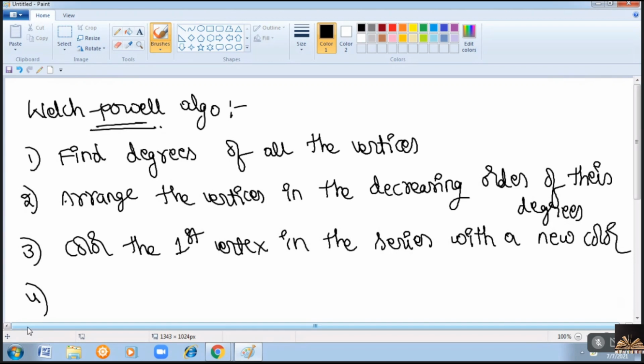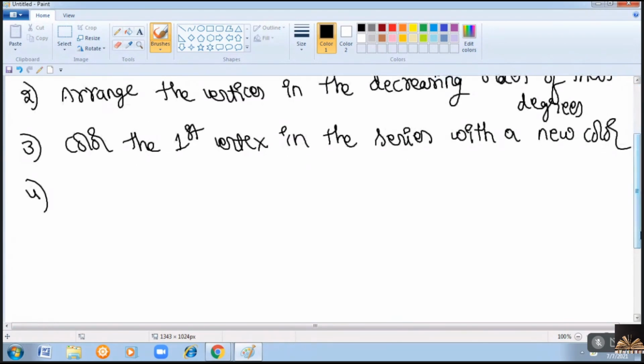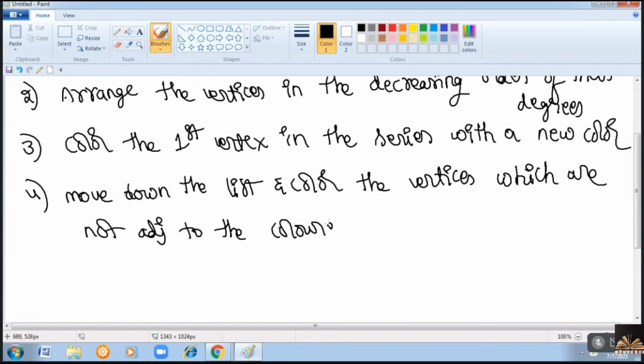Next point is, I'll explain in detail with example. First, you take down the points. Next point is, you move down the list and color the vertices which are not adjacent to the colored vertex with the same color.